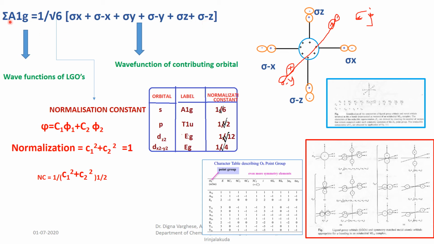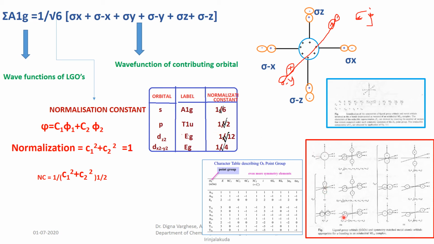Here the capital sigma and small sigma represent the wave functions for the ligand group orbitals and the ligand orbitals respectively. That means capital sigma corresponds to the wave function of the ligand group orbital, and the small sigma corresponds to the wave function of the contributing ligand orbital. And 1 by root 6 is the normalization constant.